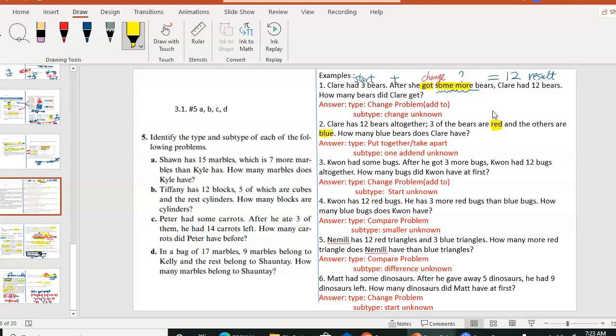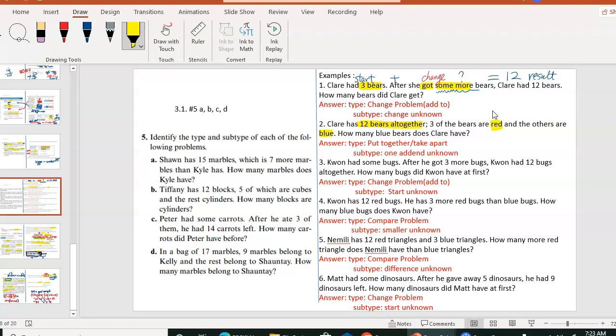If we don't have those words, and notice that she already has 12 bears, all the 12 bears are already there, which is different from number 1. In number 1, she only had 3 bears, and then somebody gave her some more. So there is a change that occurred. But in number 2, all the 12 bears are already in her collection, and they have different colors.